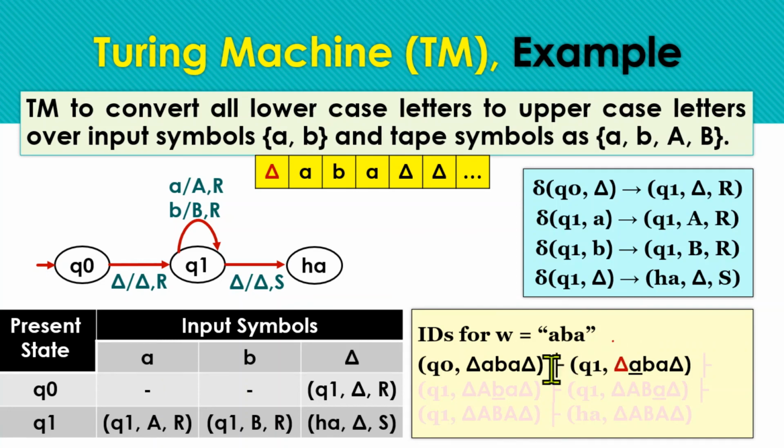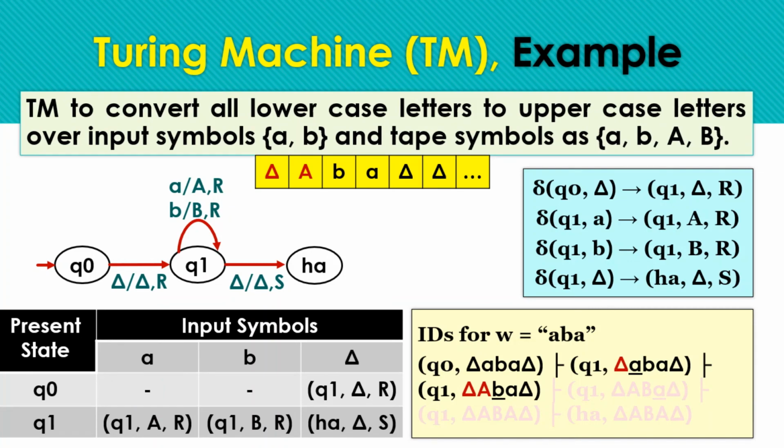Blank is marked in red, and the next symbol is this A. After reading this A from Q1, we move to Q1 only by this transition, simply converting this lowercase a to capital A, and here is the corresponding ID.